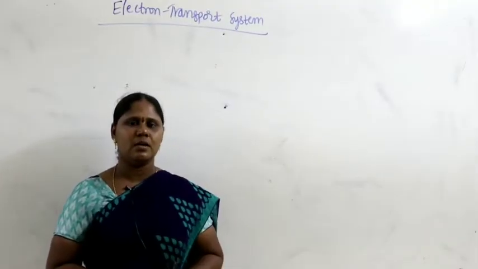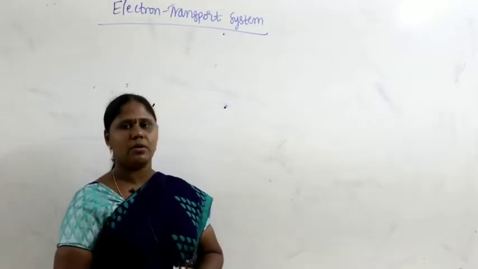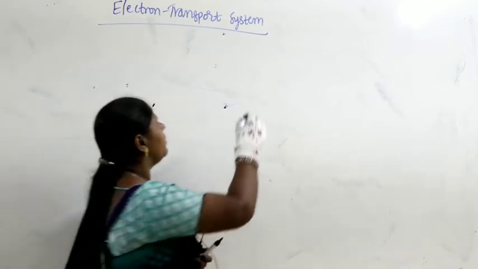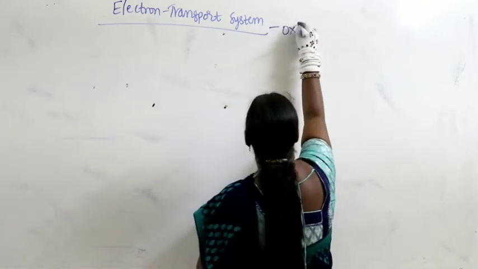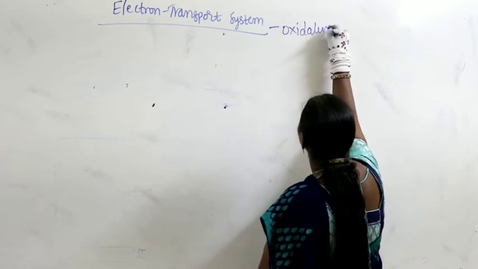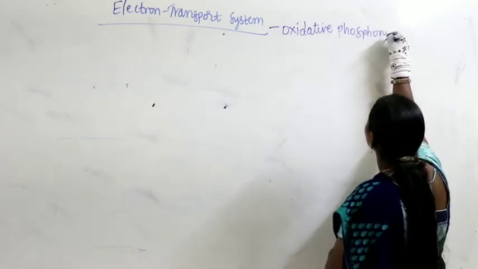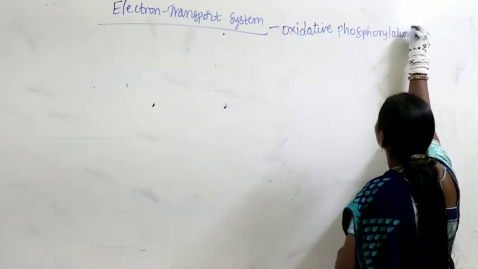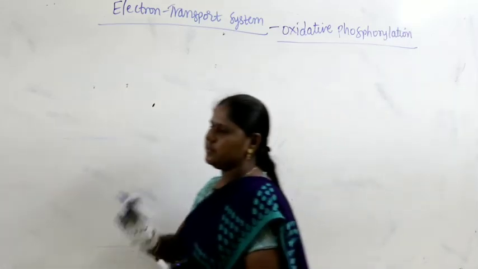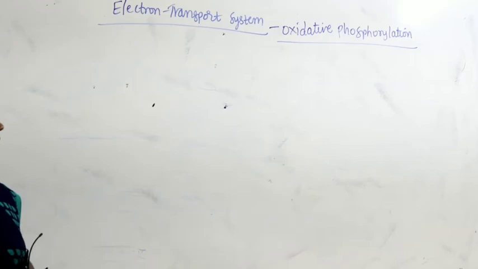Hello students, now let us continue with the electron transport system. In the electron transport system, where are we? We are in oxidative phosphorylation. In the last class, we mainly discussed the proton count and the number of ATPs for NADPH2, as well as we just calculated for FADPH2.